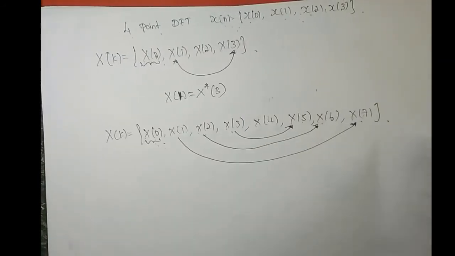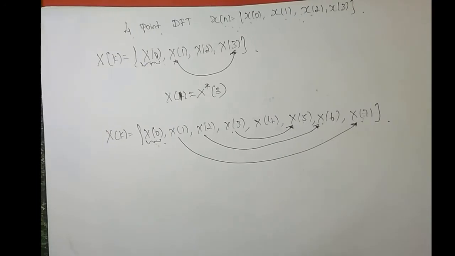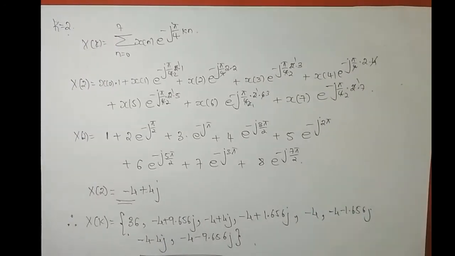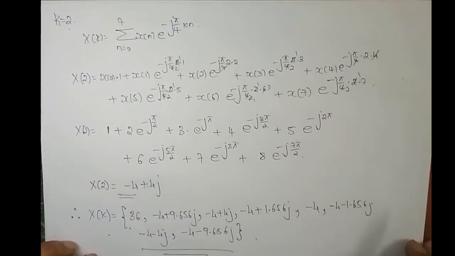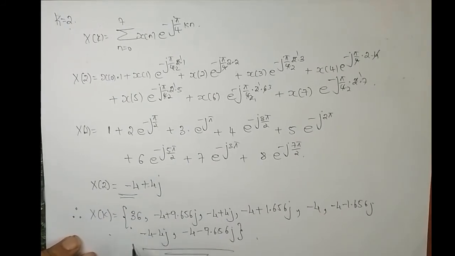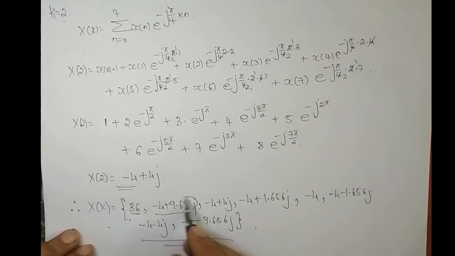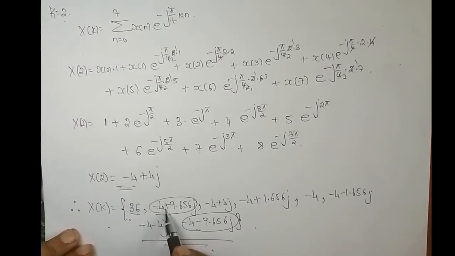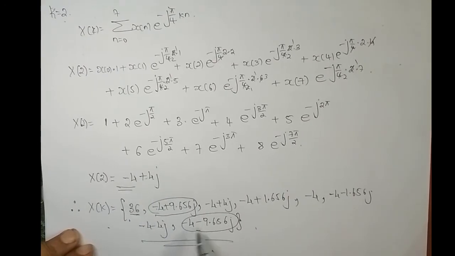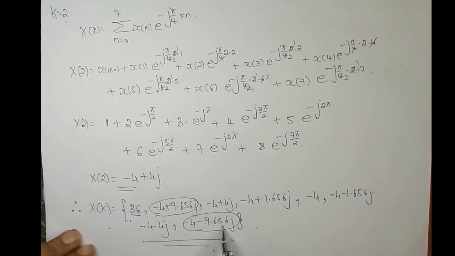And this is the final X of k we had for the same example, 1, 2, 3, and so on up to 8. The first sample is 36, right? Whereas the second sample is the complex conjugate of the last sample, so minus 4 plus 9.656j, whereas here minus 4 minus 9.656j.